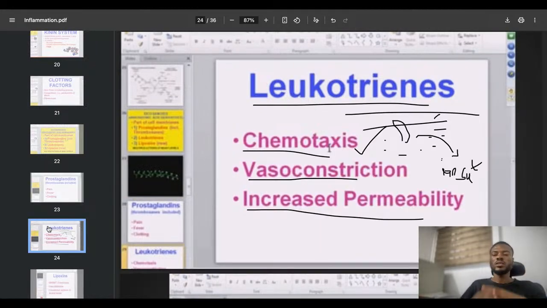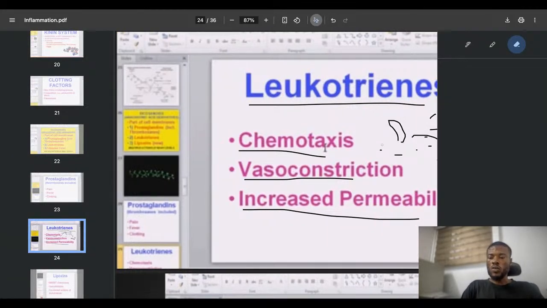Then we also have these leukotrienes. They help in chemotaxis, vasoconstriction, and increased permeability. And we know why we need all of these events.